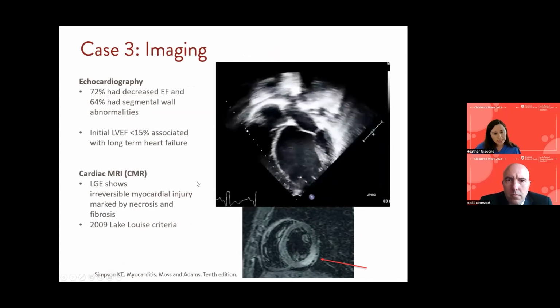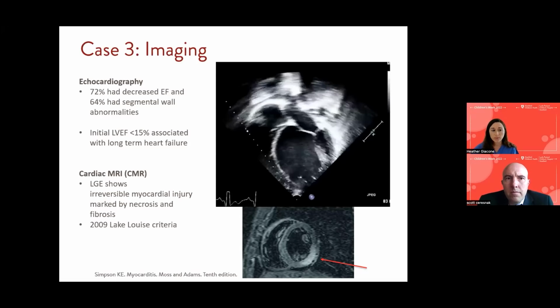So you got your EKG, you know what's going on in that amount of inflammation. What do we do next with these patients? So we're really going to take a look by echo to understand the global effect on the heart itself and how it's functioning. Studies have shown that about 72% of patients with myocarditis did have a decreased ejection fraction on echocardiograms.